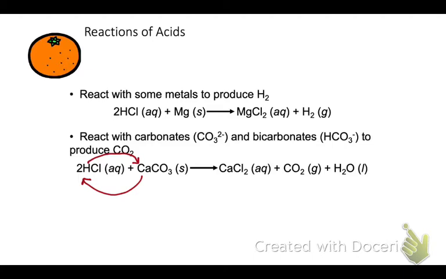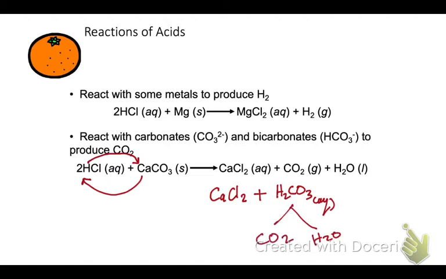So if I am writing a double replacement reaction, I'm going to say calcium chloride and carbonic acid. However, carbonic acid in water does decompose to give me water and carbon dioxide, and this is where these two are coming from. That's the decomposition of carbonic acid.